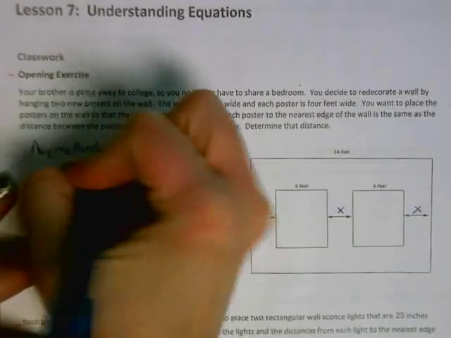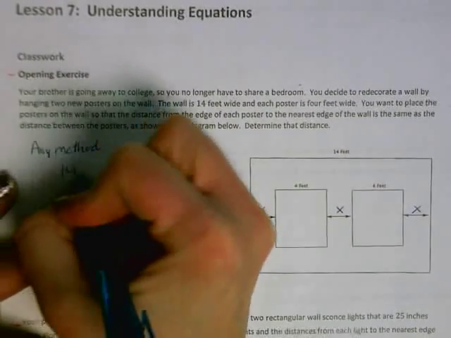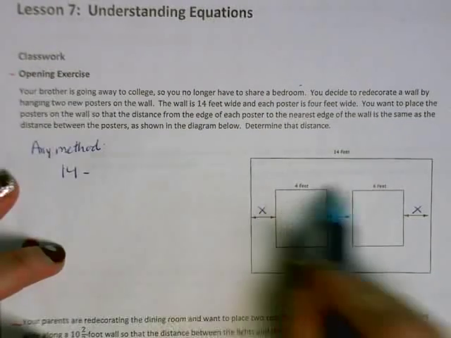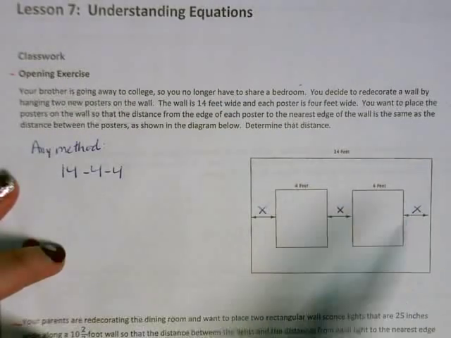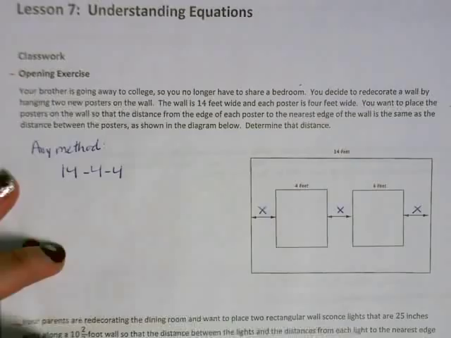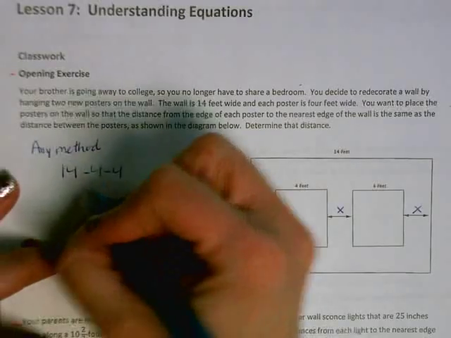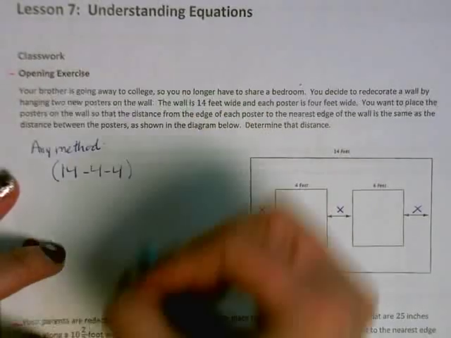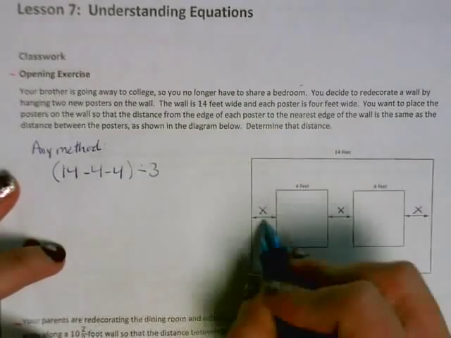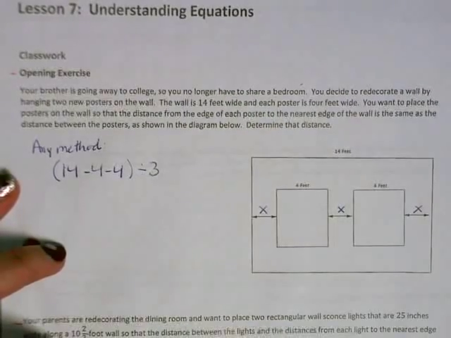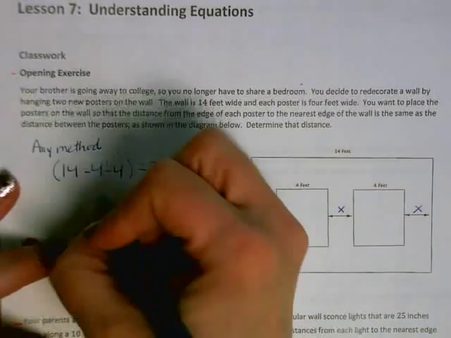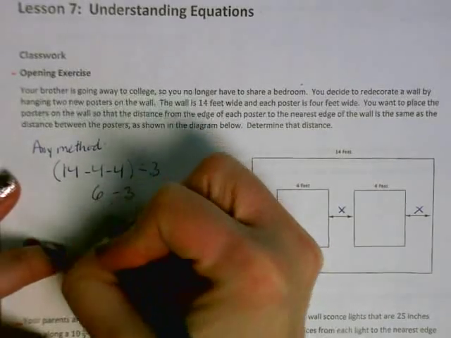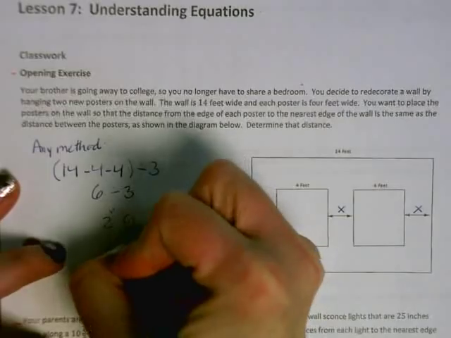So whatever that is, I'm going to take that and divide it by 3 to see how long one of those distances is. So if I do 14 minus 4 minus another 4, that would be 10 minus 4 is 6, divided by 3, and that gives me 2 feet.